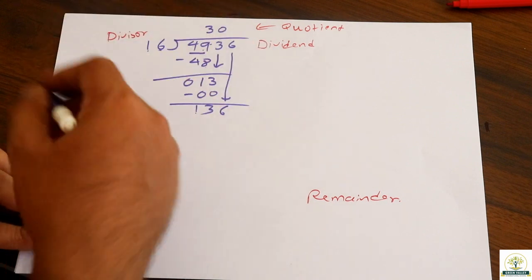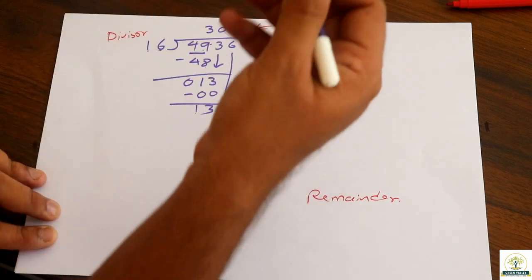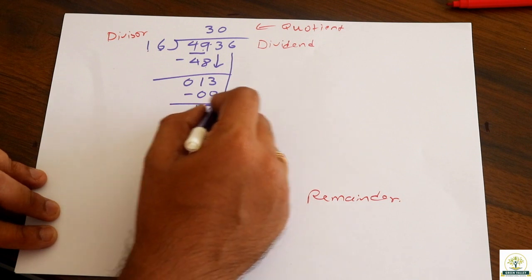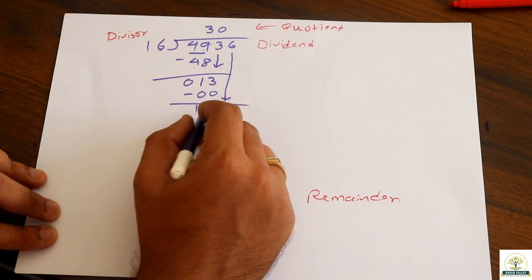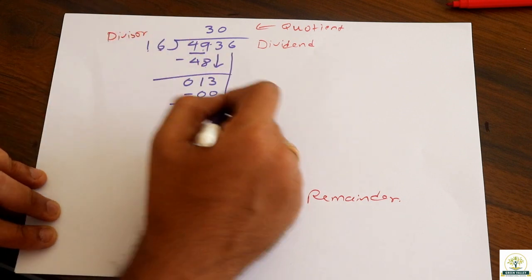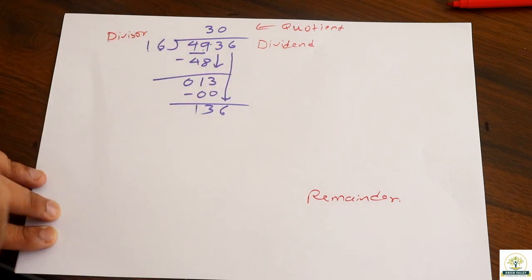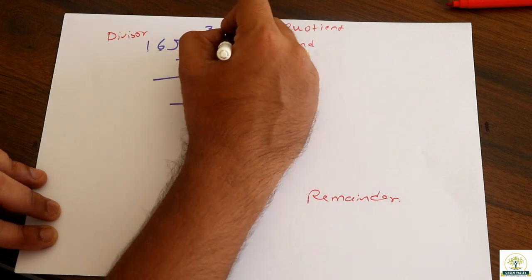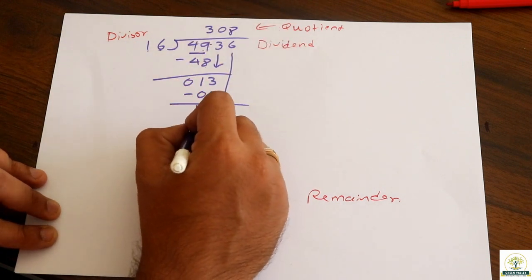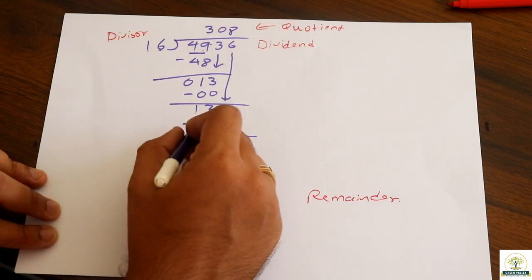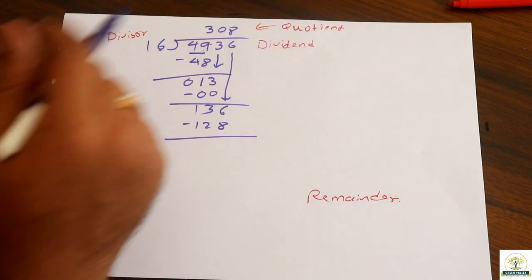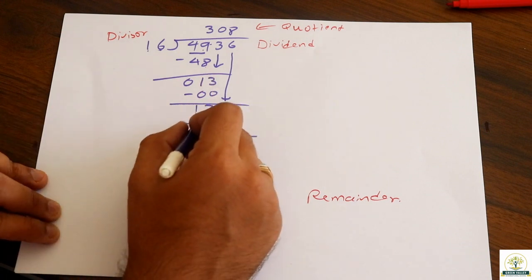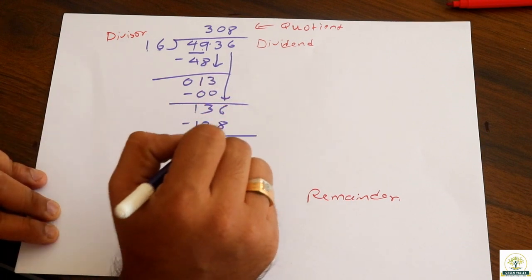Now I have to check 16's table for a number which is less than or equal to but very close to 136. 16 8s are 128, because 16 9s will be 144, which is greater than 136.